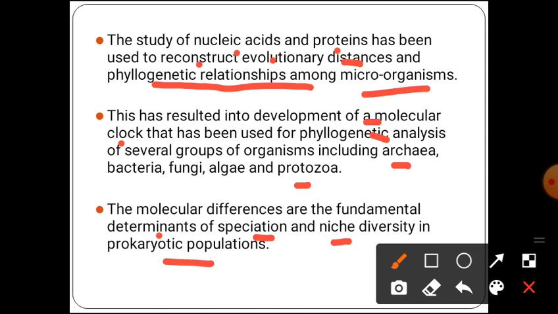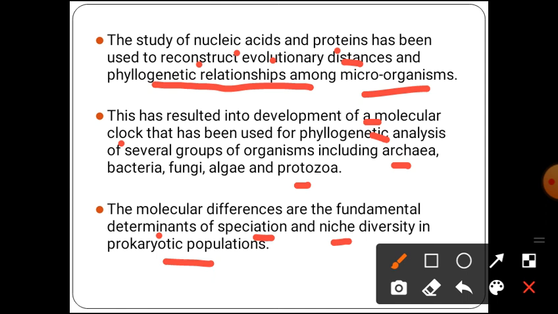First of all, what can be used first to assess molecular diversity is the nucleic acid, DNA or RNA. The DNA and RNA sequences are very specific from one cell to another, so they can determine or assess diversity.